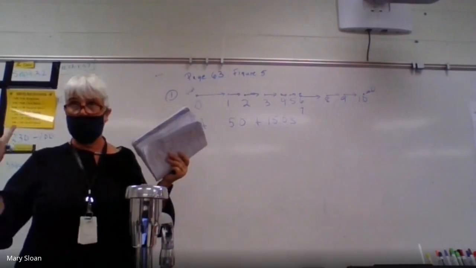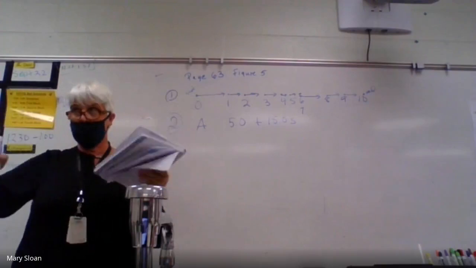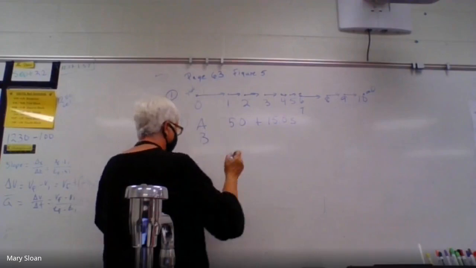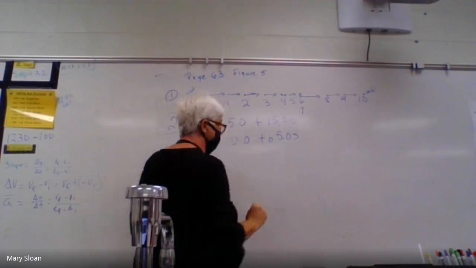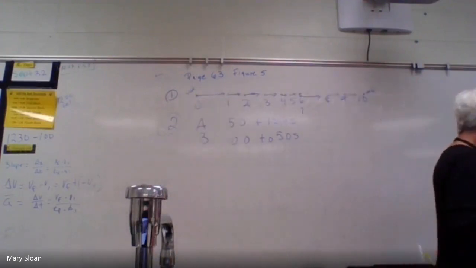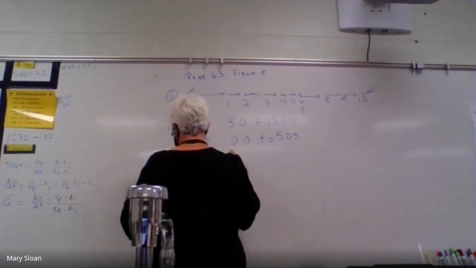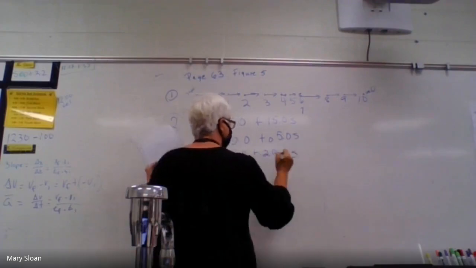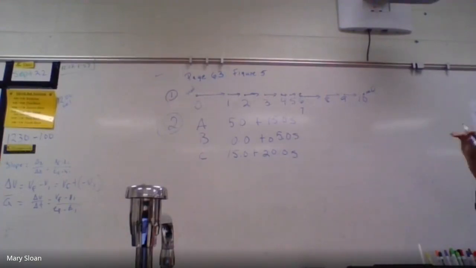Is that the answer that you had on your paper? B, the time interval was from 0.0 to 5.0 seconds. And C, acceleration was most negative from 15.0 to 20.0 seconds. Is that the answer that you had for 2A, B, and C in your ISM book?